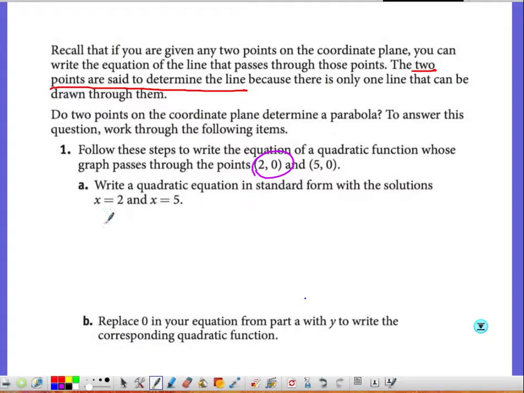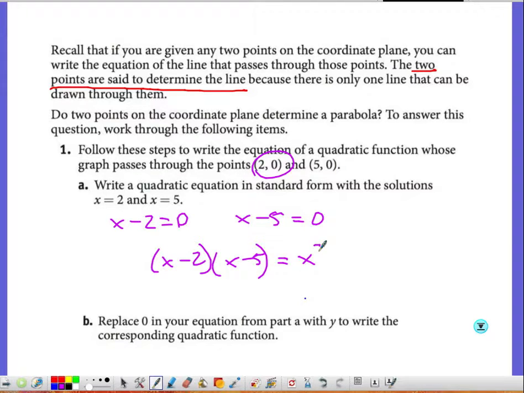That means these are the solutions to the quadratic function, x equals 2 and x equals 5. So if I set each of these equal to 0, I can go ahead and multiply the factors out to find the equation of the quadratic function.